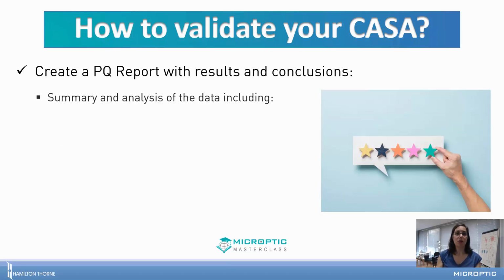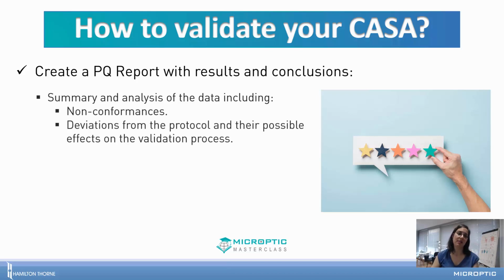So once you have done your statistics and reached your conclusions, it's important to incorporate all this information in a validation report. Here you need to summarize all the data you have included, all the statistics and results, including the non-conformances, all the deviations from the protocol and their possible effects on the validation process.